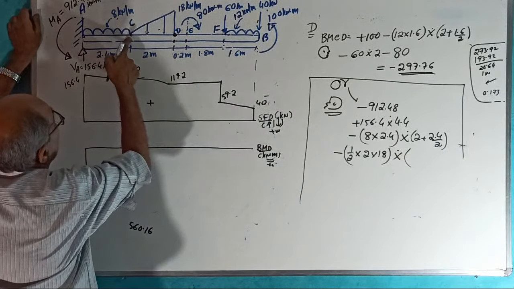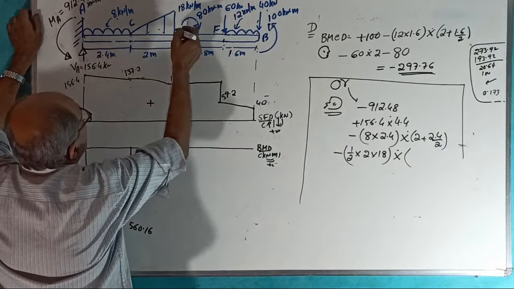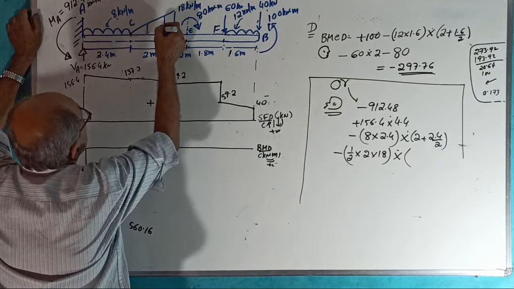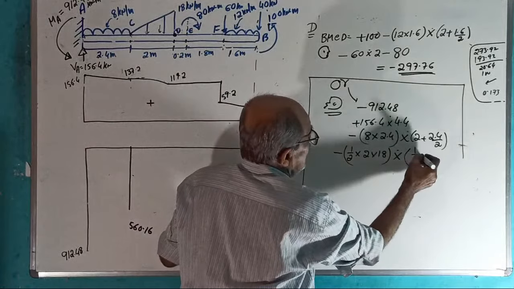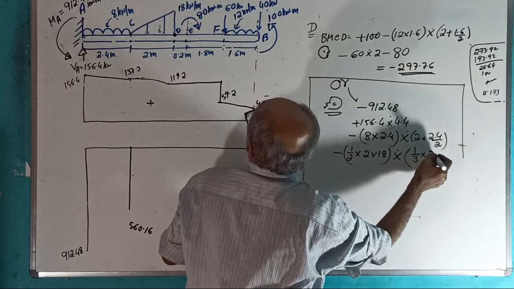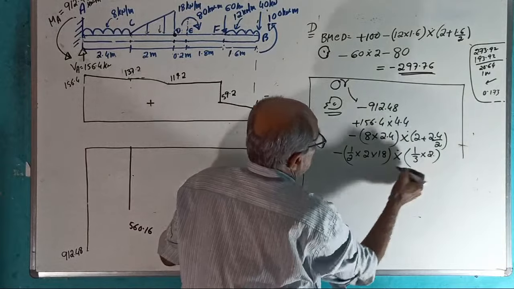Little earlier at that time it was 2/3. Now you want it at D. Total load will pass here. This is 1/3, not 2/3. 1/3 of 2.